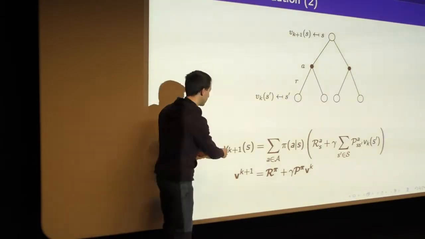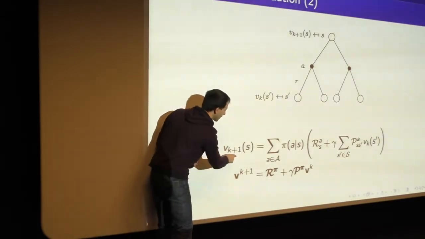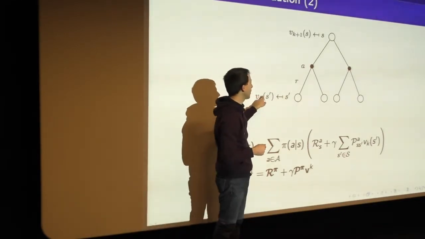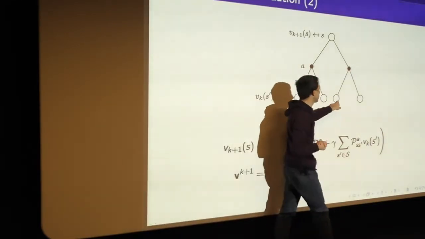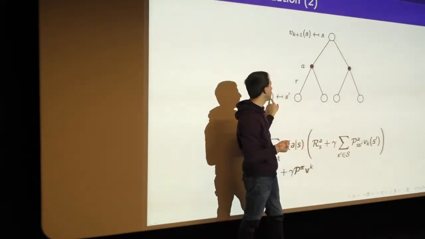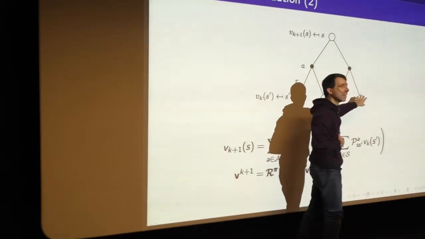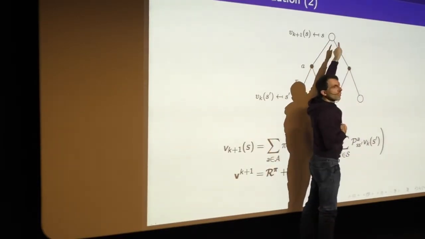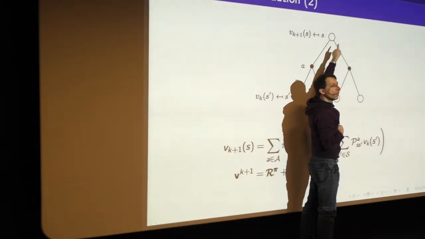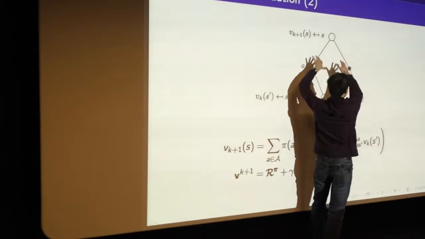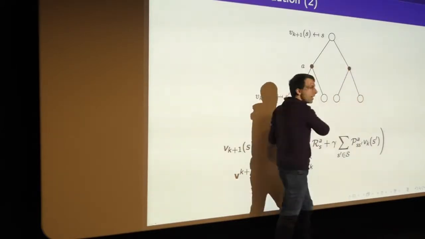In other words, we define the value function at the next iteration by plugging in the previous iteration's values at the leaves. We take our value function from the last iteration, vk, plug in those values at the leaves, and back them up to compute one single new value for the next iteration at the root. So we figure out vk plus 1 by doing a one-step look ahead, looking up values from our last value function.